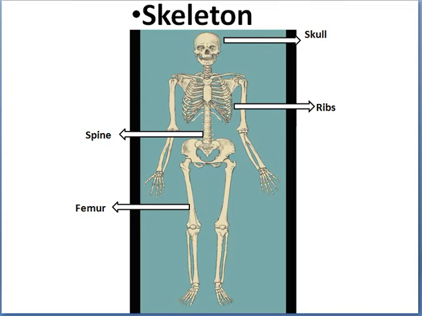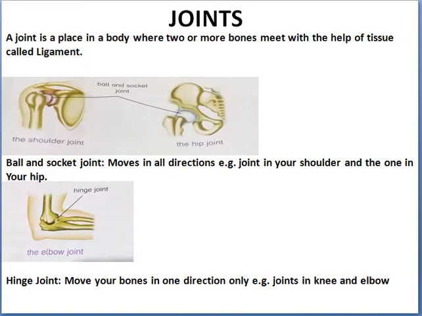The skeletal system consists of bones and joints. Now, let me tell you all about joints. What is a joint? A joint is a place in our body where two or more bones meet with the help of tissue called ligament.